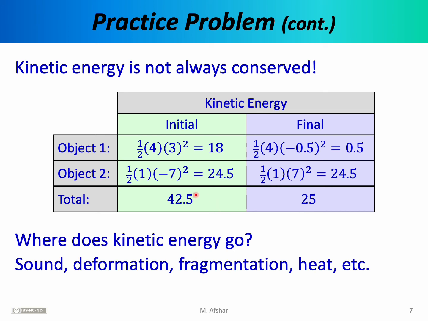Before the collision, as these two objects were headed towards each other, they had a lot of kinetic energy, 42.5 joules. And then afterwards, as they're moving away from each other after they have collided, they have less kinetic energy. Something must have happened to the missing kinetic energy, and it's not really clear.